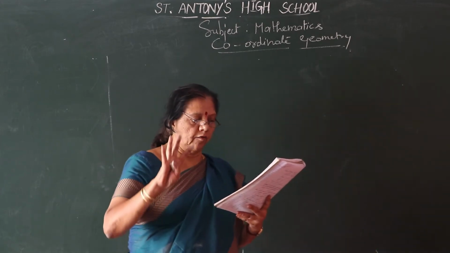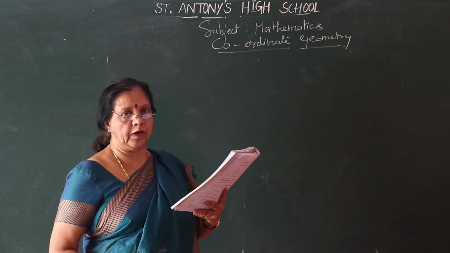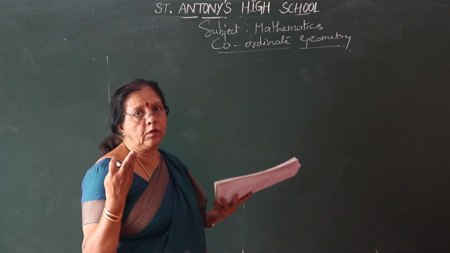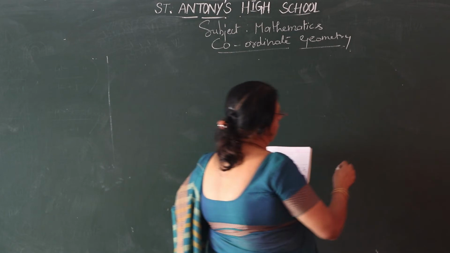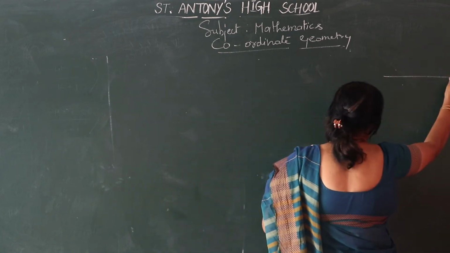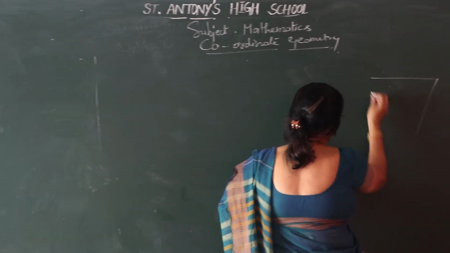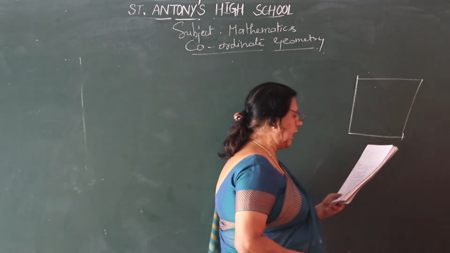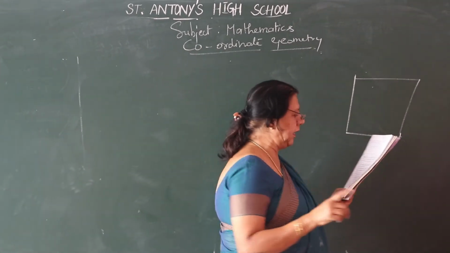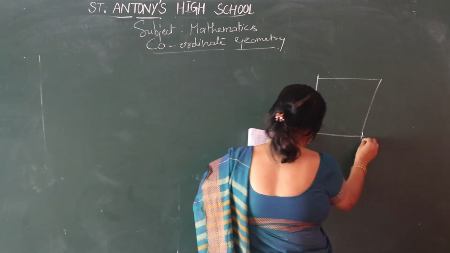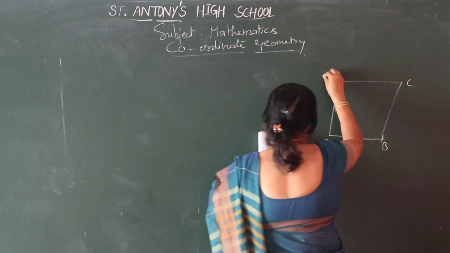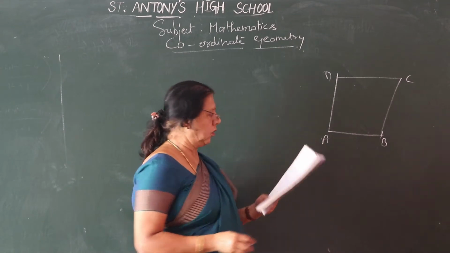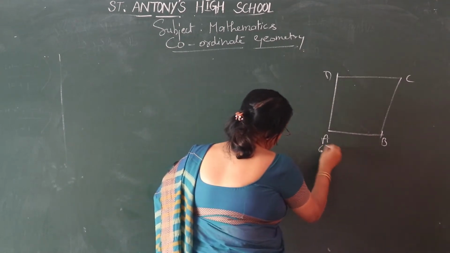See here, there are 4 vertices they have given. That may be a parallelogram. Okay, parallelogram. Here you see, I am writing one parallelogram. Okay, what are the points they have given? The points A, B, C, D. So look at the points: 6, 1.